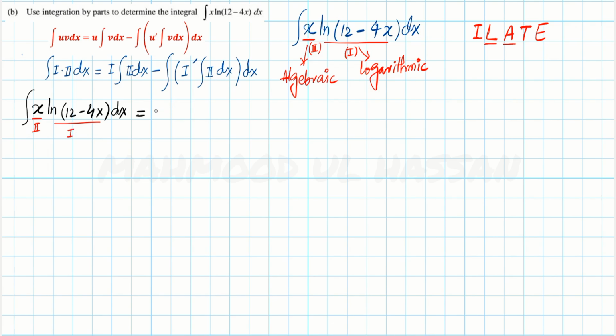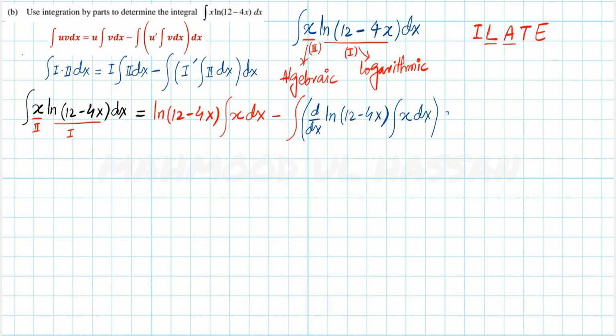So we keep the first function as it is, natural log of 12 minus 4x, and we take the integral of the second one, that is the integral of x dx, then minus the integral of the derivative of first, that is d over dx of natural log of 12 minus 4x, and then the integral of the second one, so the integral of x dx.